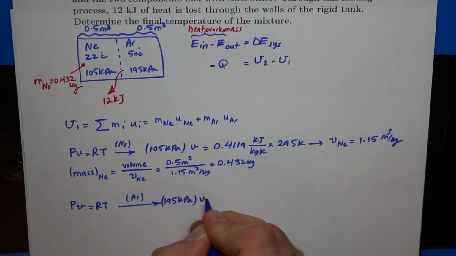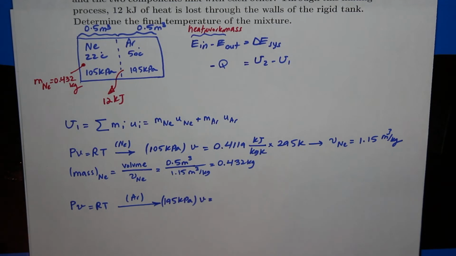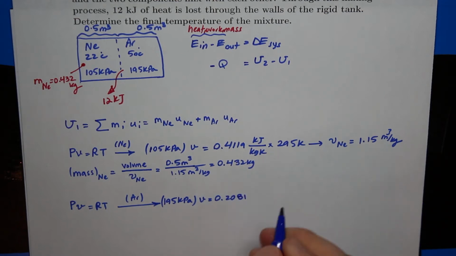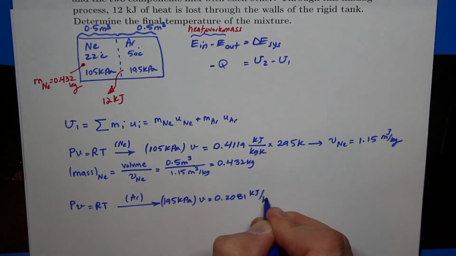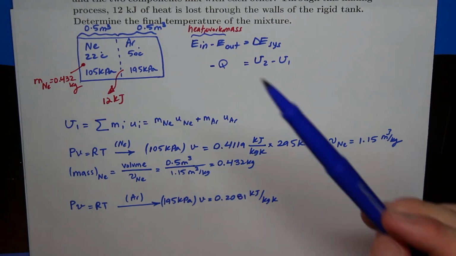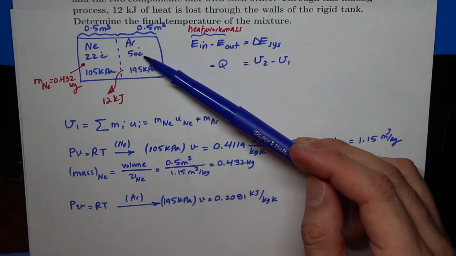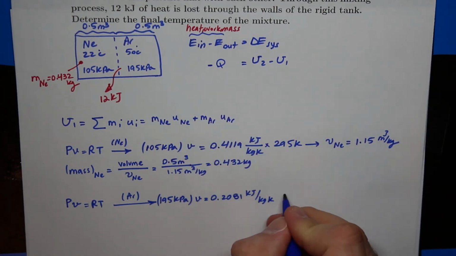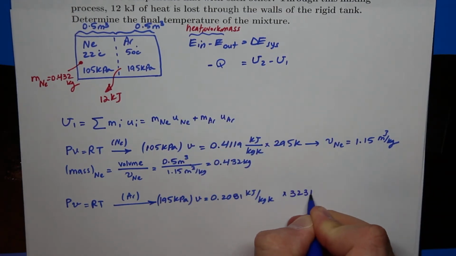The specific volume is unknown, that's what I'm trying to find. R is 0.2081 kilojoule per kilogram Kelvin, and T is going to be this temperature, but after converting to Kelvin, all right, and that will be 323 Kelvin.